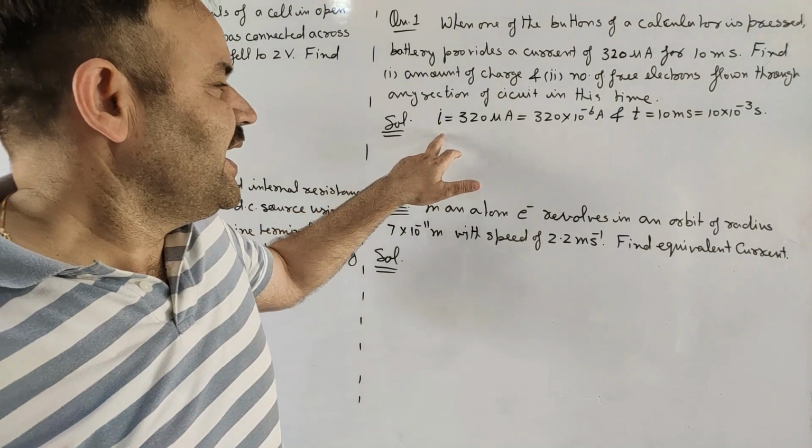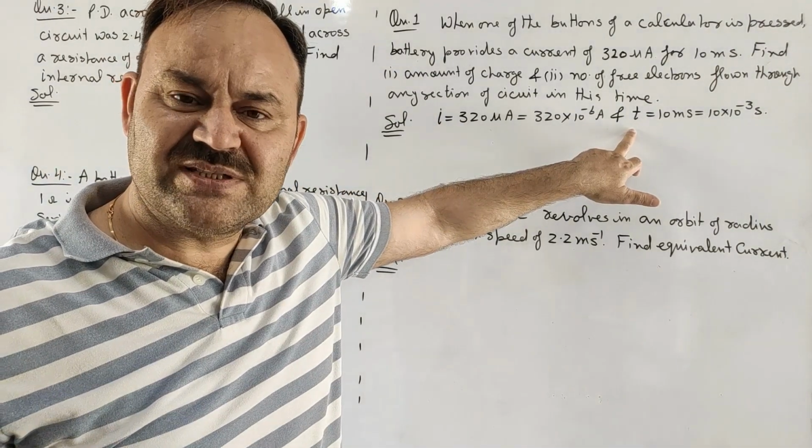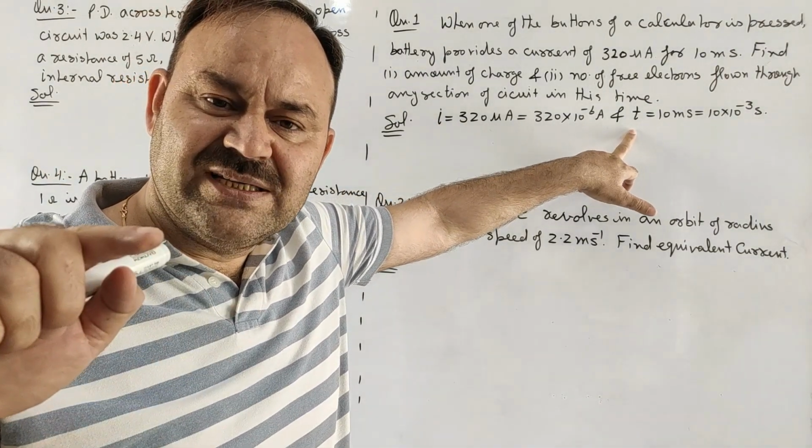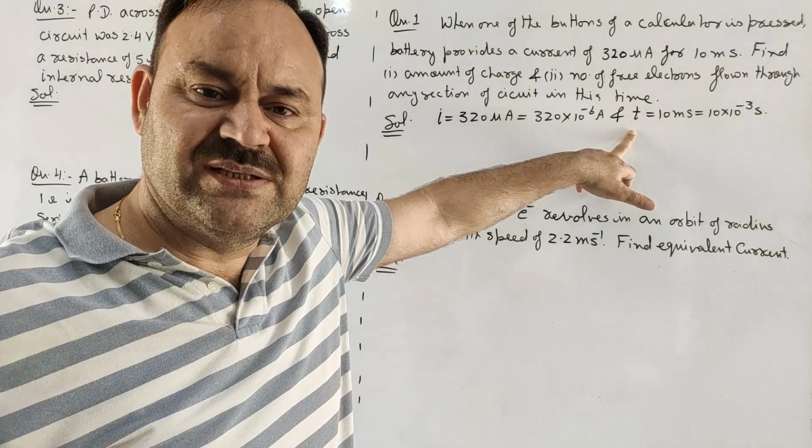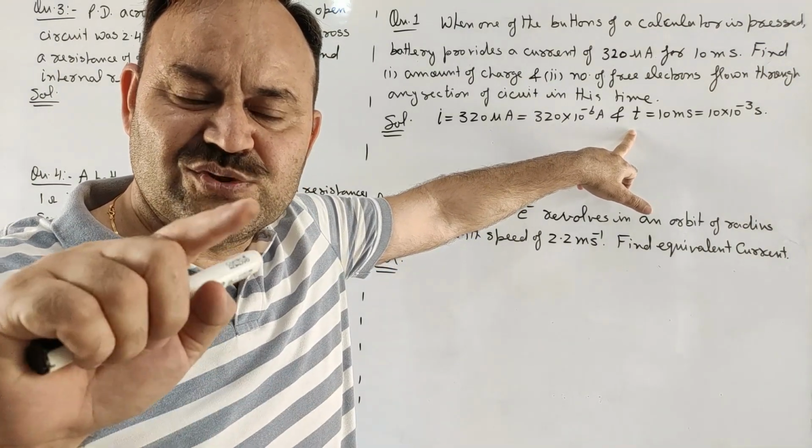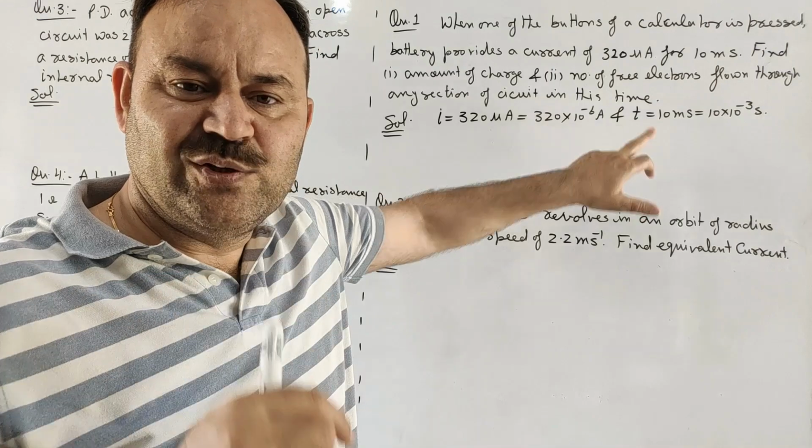Now, if I and t both are given to us, we know I is equal to Q upon t, charge per unit time. So charge is equal to I into t.